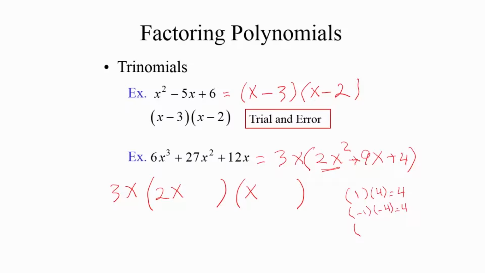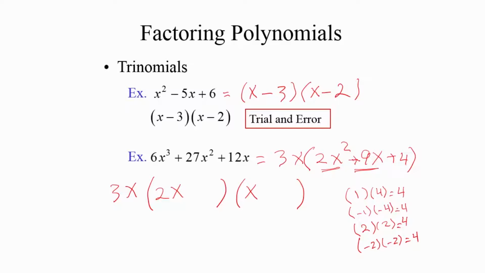You have 2 times 2, that is a 4. You have a minus 2 times minus 2, that is a 4. Only one of these is correct. Now we have to pay attention to the middle term, which should give me 9x, right?